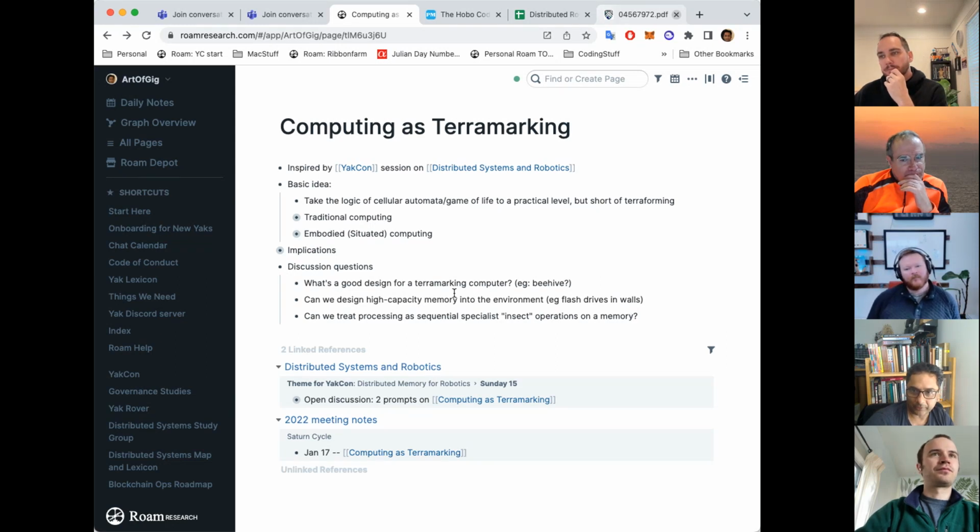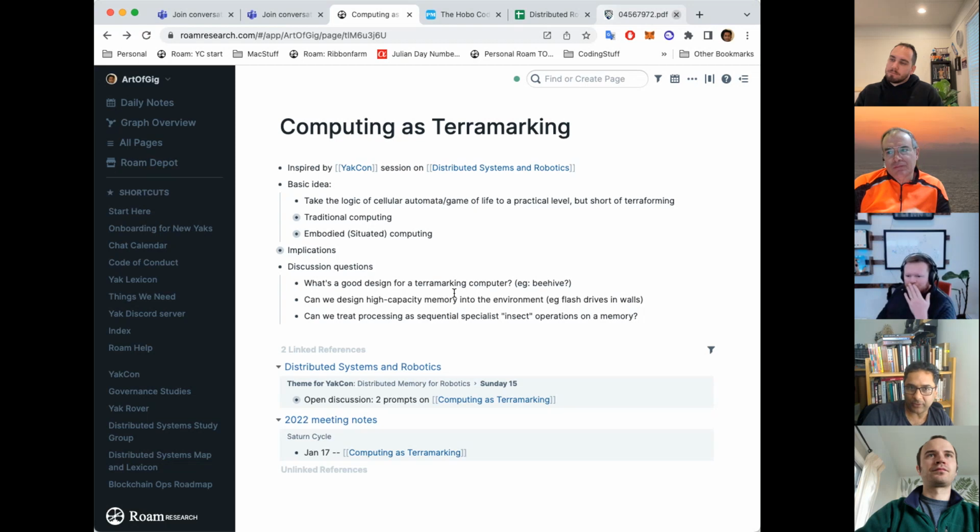The discussion question I want to queue up is: what's a good design for a terramarking computer that works by these principles? Can we do things like augmenting the physical environment? Of course, pebbles on the ground is an extremely low capacity memory, like a few bits per square inch or something, but you don't have to be limited to that in a practical situation.